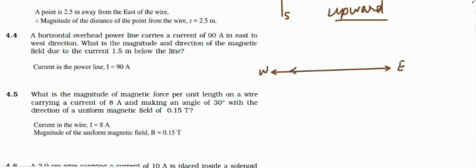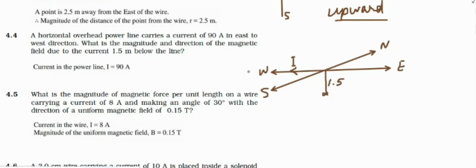East to west, it carries current I. Now, what is the magnitude and direction of the magnetic field due to the current 1.5 meter below the line? 1.5 meter below the line. Here we can take the north-south direction like this. Suppose this is south, this is north, and 1.5 meter below.